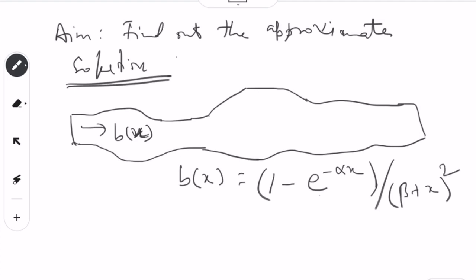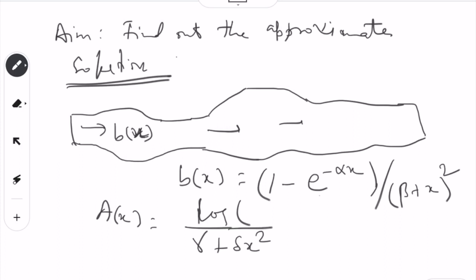Maybe of x square, maybe even more. Similarly, A of x could also be a lot of complicated things, like 1 over gamma plus delta x square, let us say this is also given, and we can have log of xi plus x.